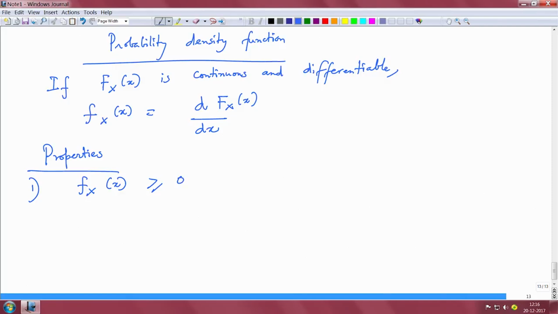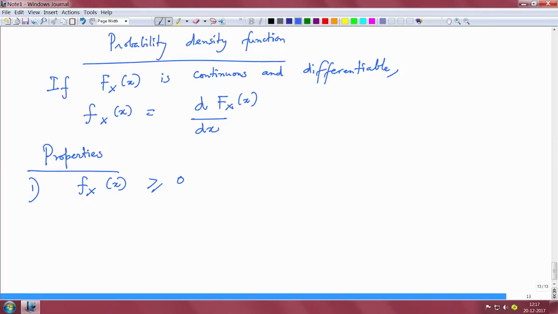It makes no sense to say that the probability mass function or the density function is negative. There is no meaning to that negative quantity, because it is a derivative of the distribution function. So, it is non-negative, and then the density should integrate to 1.